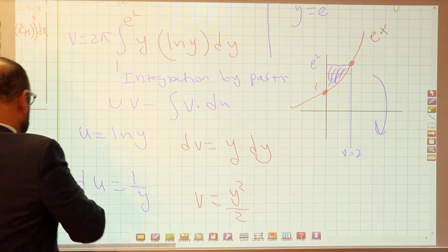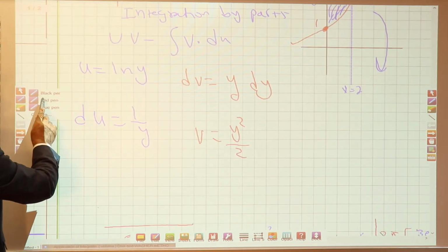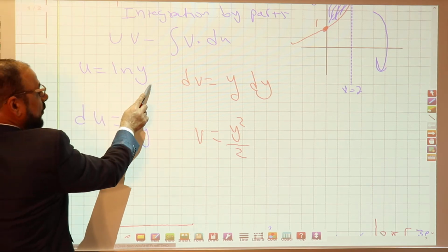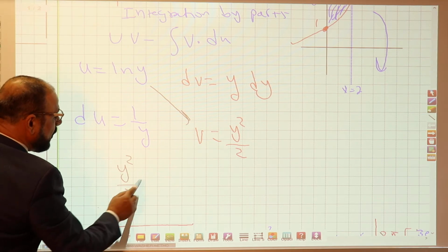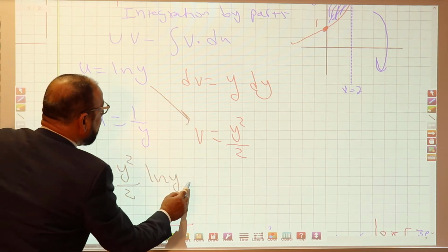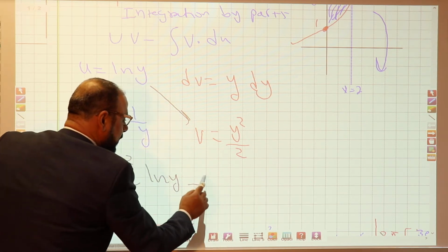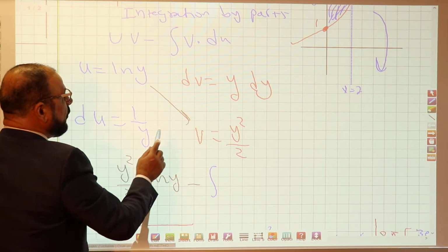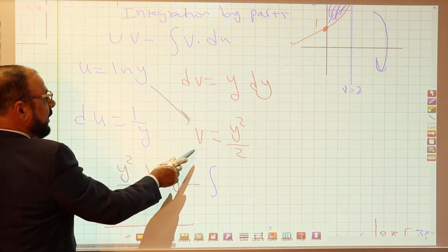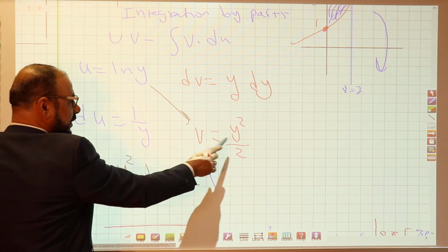Then my integration will be uv, y squared over 2 ln y, minus the integral of v du.